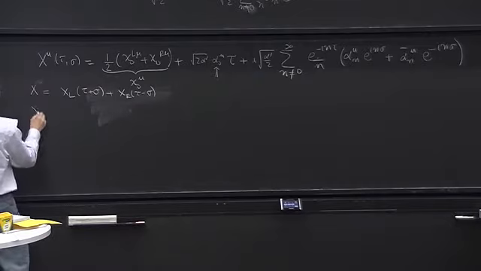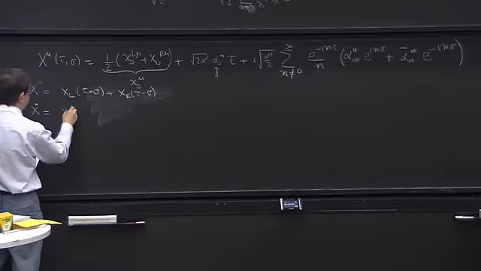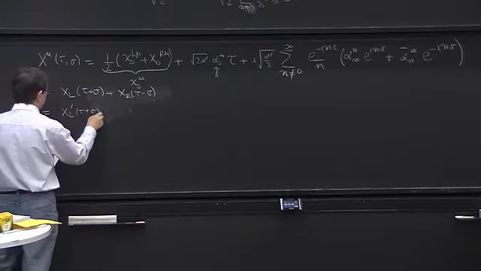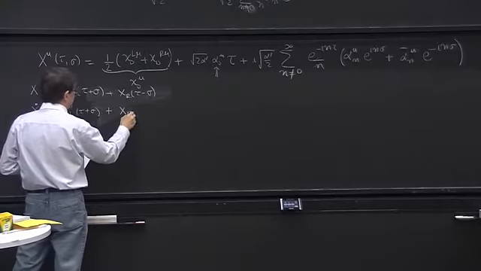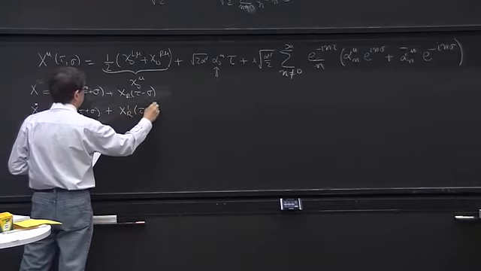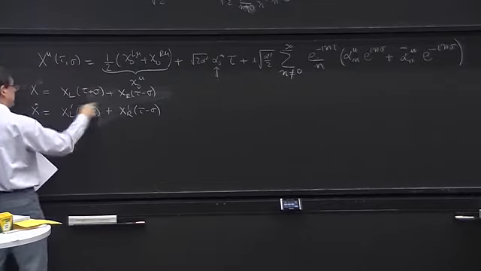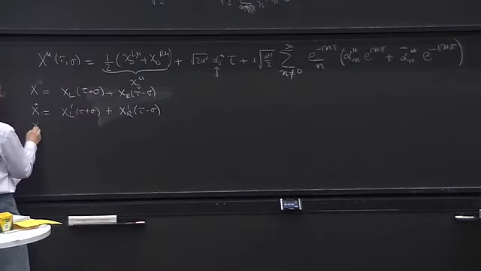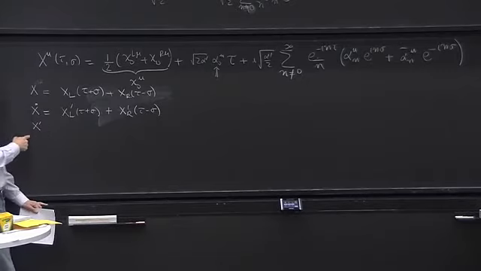So what is X dot? X dot is X left prime of tau plus sigma plus X right prime of tau minus sigma. You're differentiating with respect to tau, so the prime derivatives are the things that fall. What is X prime? Now, small confusion. In the left-hand side, this X prime means the derivative with respect to sigma.